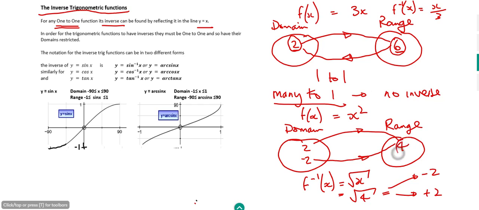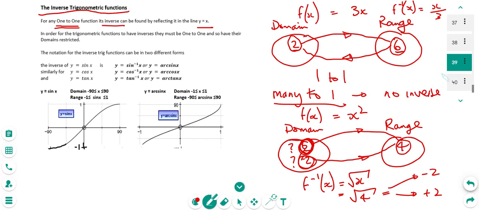So that means if we just simply put 4 into our inverse function, we don't know whether we're going to get back to here or here. We can't guarantee that the original value put into the domain is the one that we get back to, because we've got a choice of 2. And that's why the inverse doesn't exist, because for the inverse to exist, we've got to know that we're going to get back to the same value we started off with in the domain. And that doesn't necessarily happen here, because we've got a choice.